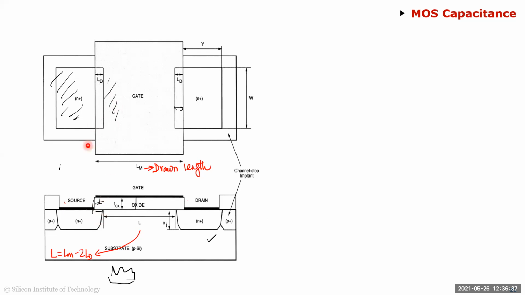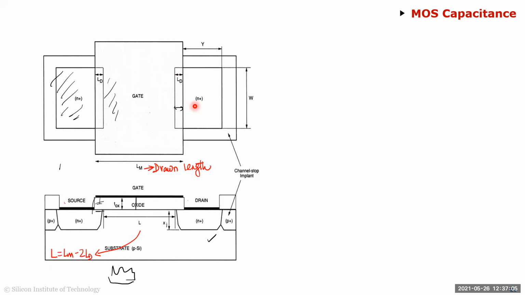Just that now your length changes. In your layout, you drew the length as L_M, the drawn length. But because you have this extension, which I've shown as LD, the lateral diffusion, your actual length is the drawn length minus 2 times LD. These are all part of the model; they are not part of layout extraction, because they know this actually happens.